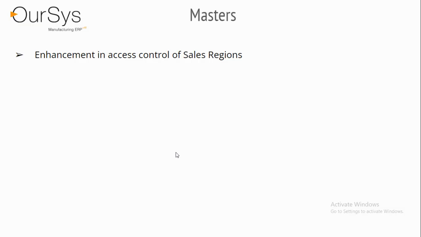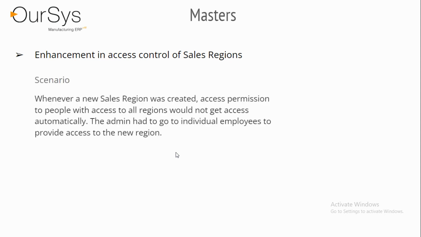The next changes we have done are at the master level. We have given a control of sales regions. Basically, if any new region is introduced in a company and I have to tag multiple employees to that region, I always had to go to that particular employee, edit the employee and select that region.